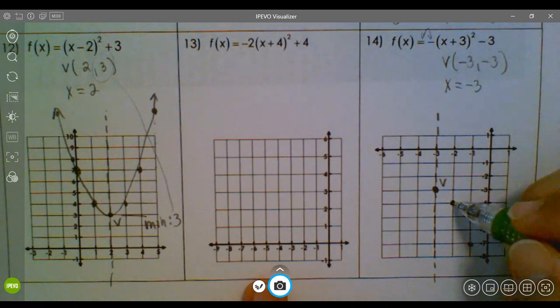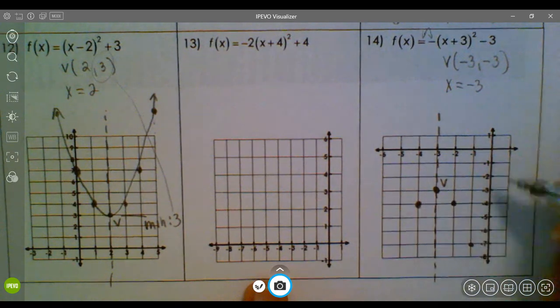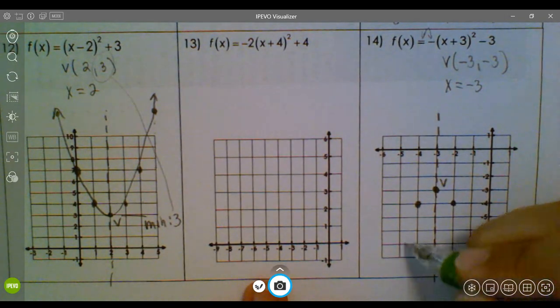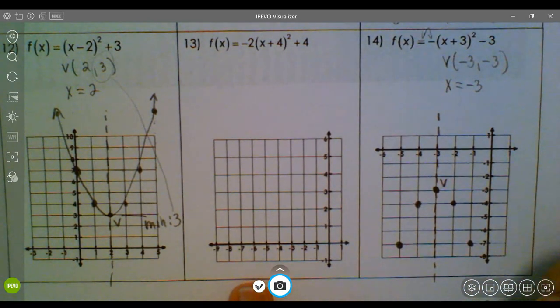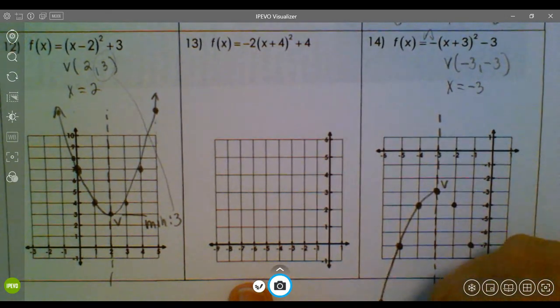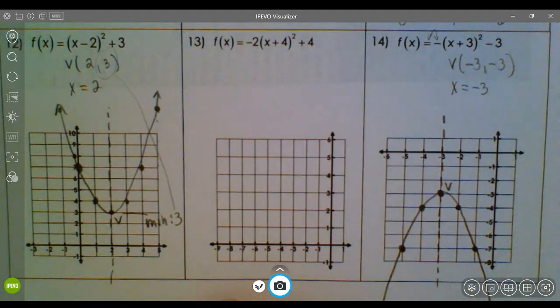This point that I created was 1 to the right, so for free, I get 1 to the left. This point was 2 units to the right, so my BOGO is 2 units to the left. This point is 3 to the right, so for free, I get 3 to the left. And there's my parabola.